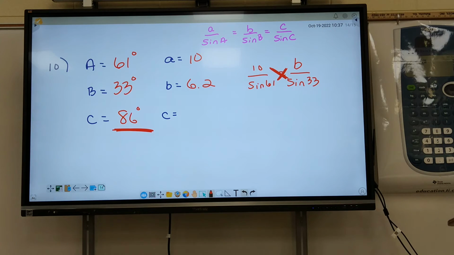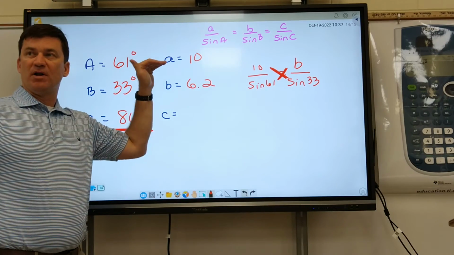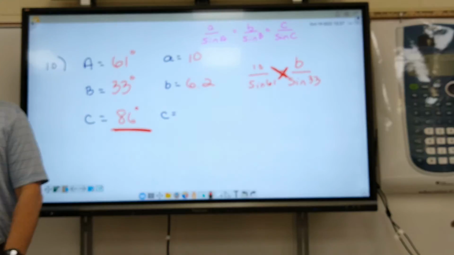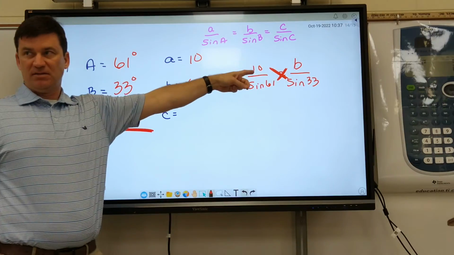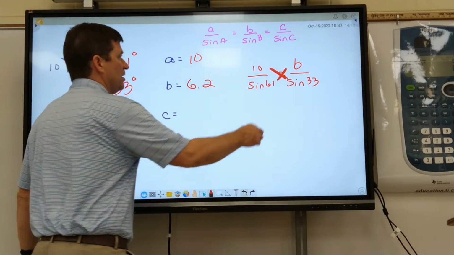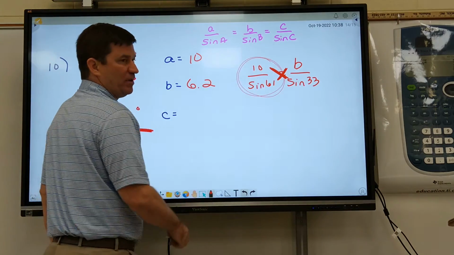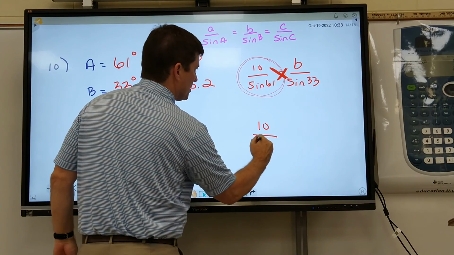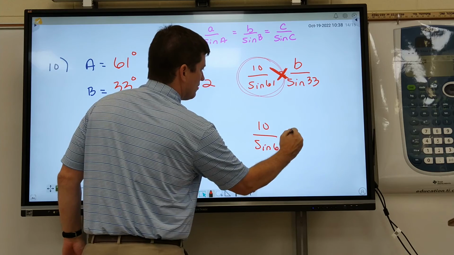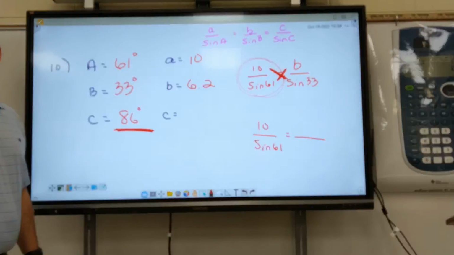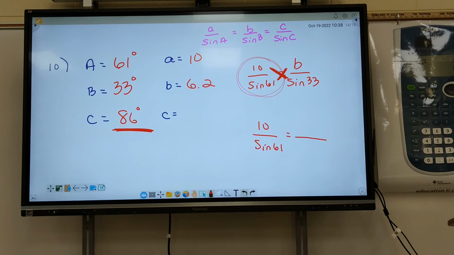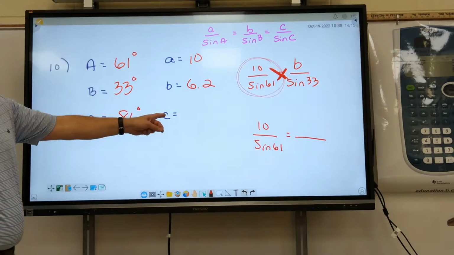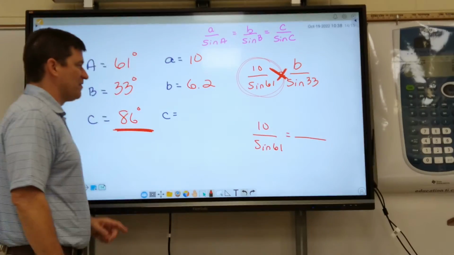Now, can I do a squared plus b squared equals c squared? No, because it's not a right triangle. I have to do this again. The best way to do it is to start with whatever you started with the first time. Let's bring down 10 over sine of 61 equals little c on top over sine of 86.